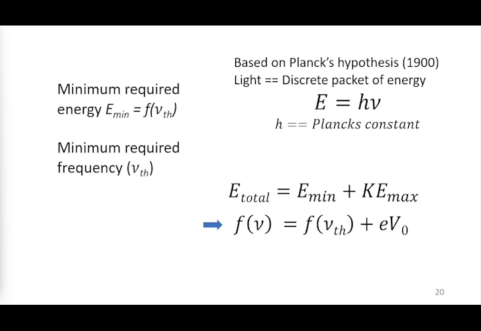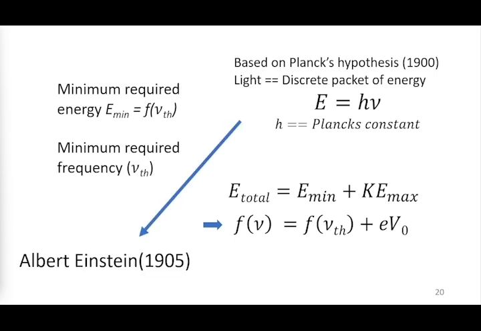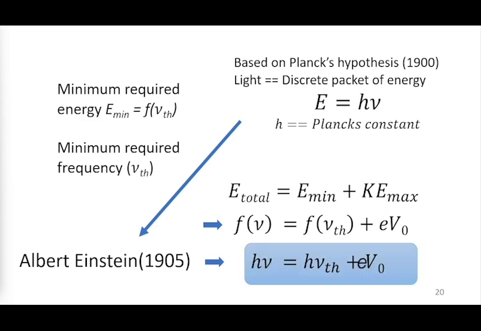Using that theory, Albert Einstein in 1905 plugged it into this equation, and he formed the equation of the photoelectric effect. Now this is what Einstein did, which earned him a Nobel Prize.